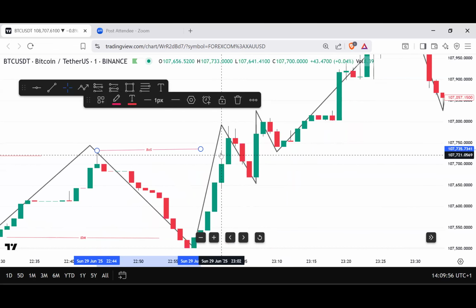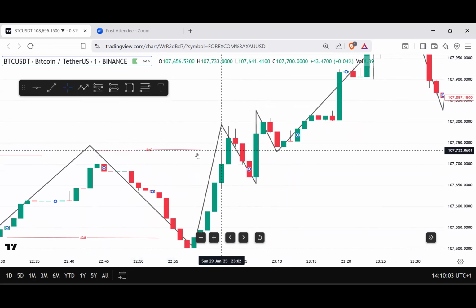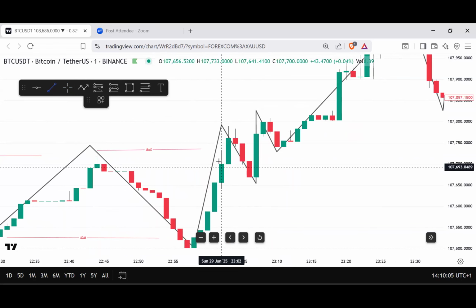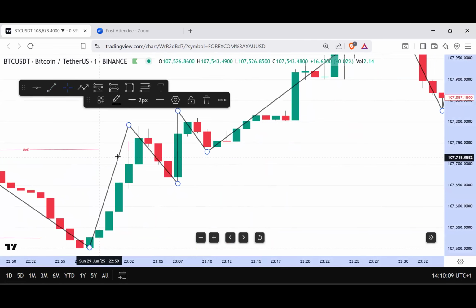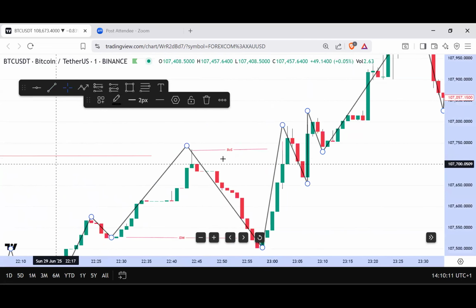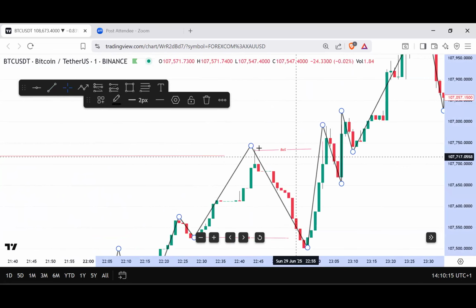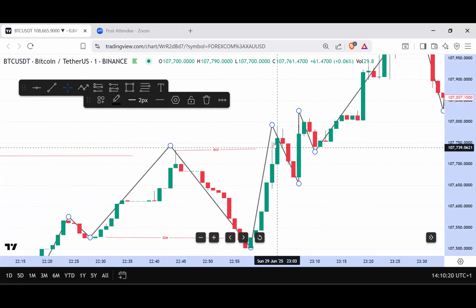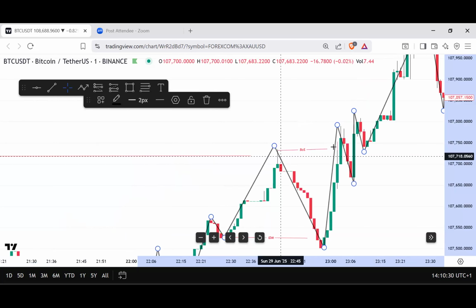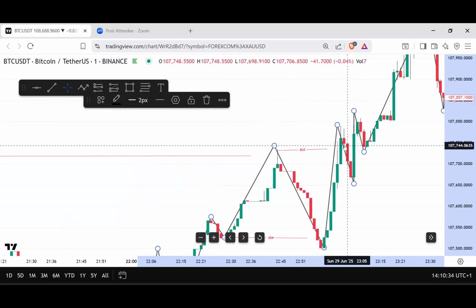Now, if the candle was just a wick, let's say this wick continued up here, you can see the wick broke above the COC. But the next candle after it closed above. So the body closing above, we can confirm it. Yes, it has to be above. This is an uptrend.